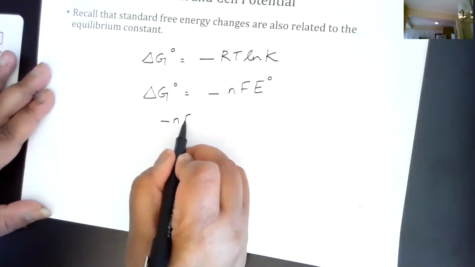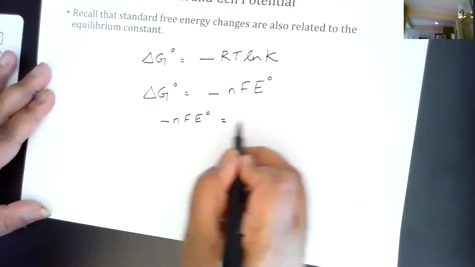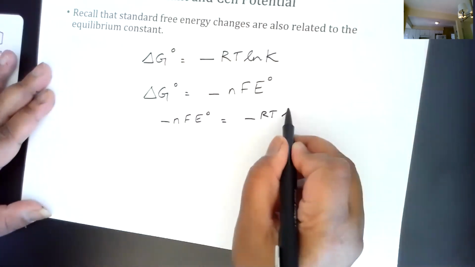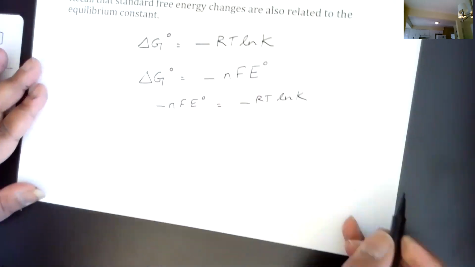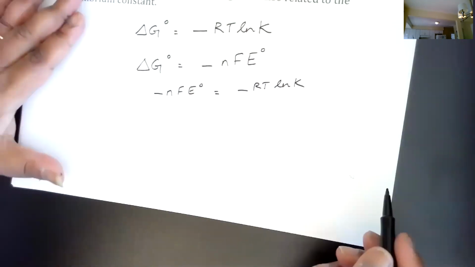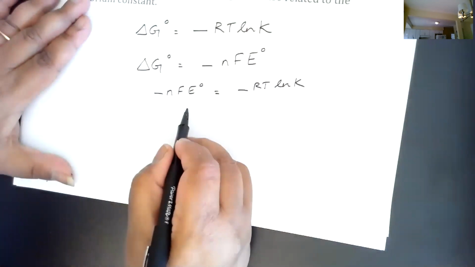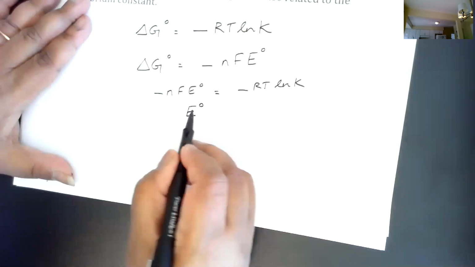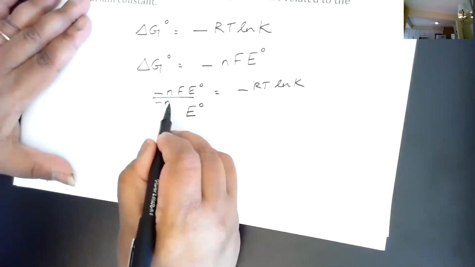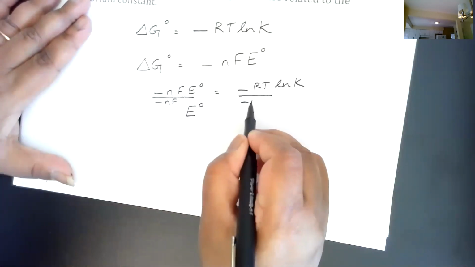So negative nFE0 is minus RT ln K. The negatives can cancel. And divide both sides by negative nF.